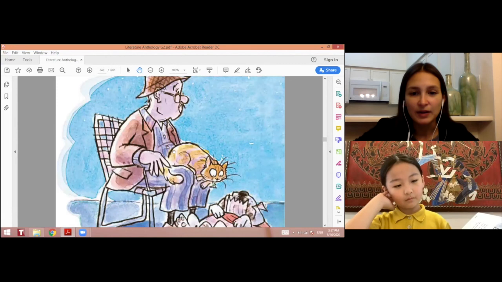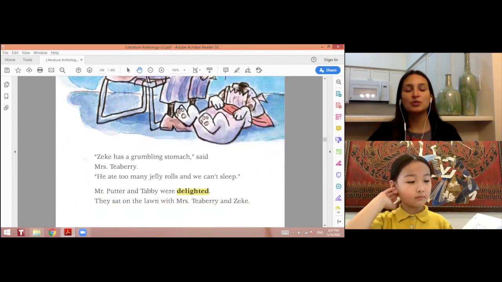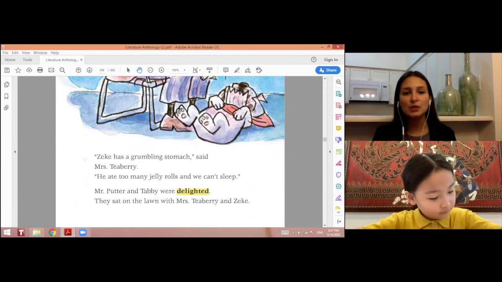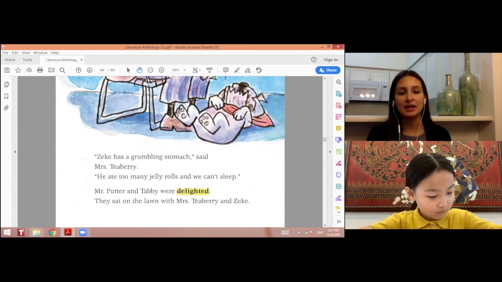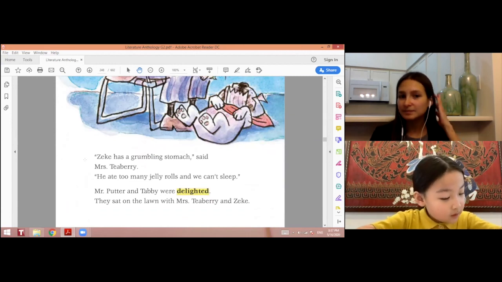Okay, let's go to the next page. Zeke has a grumbling stomach, said Mrs. T-Berry. He ate too many jelly rolls and we can't sleep. But Mr. Putter and Tabby were delighted. They sat on the lawn with Mrs. T-Berry and Zeke. Zeke has a grumbly stomach, said Mrs. T-Berry.